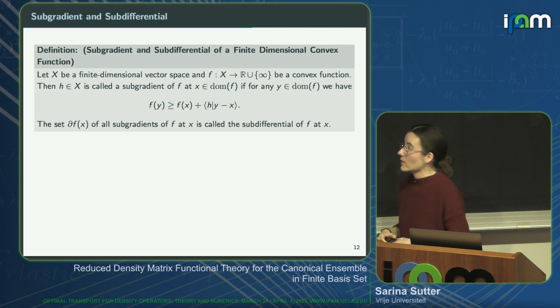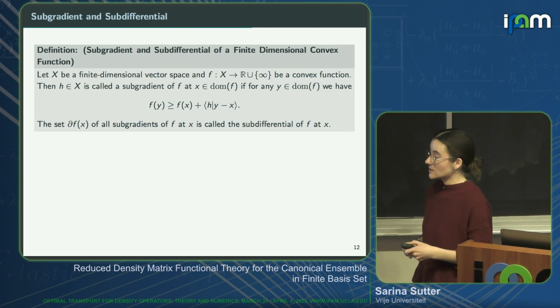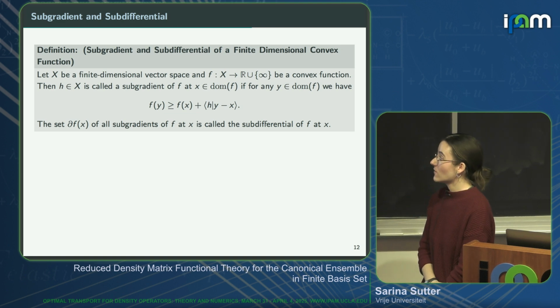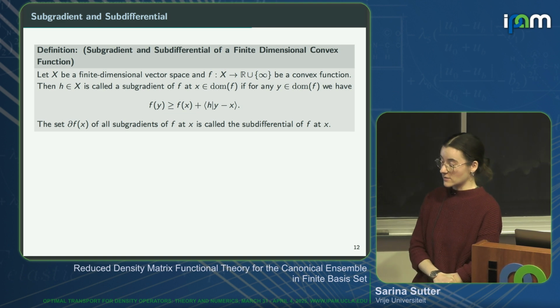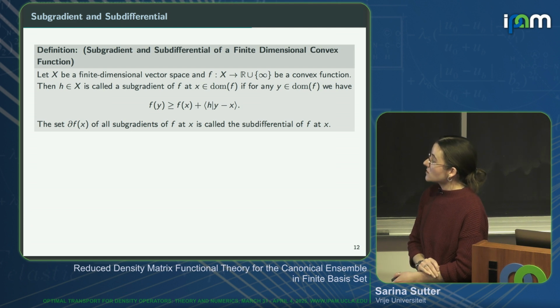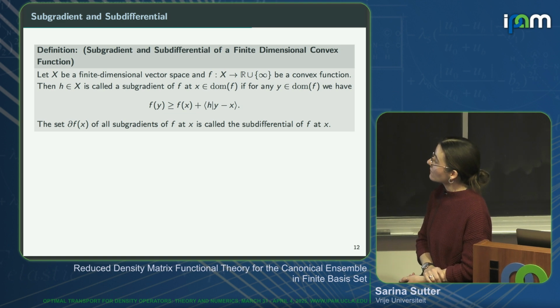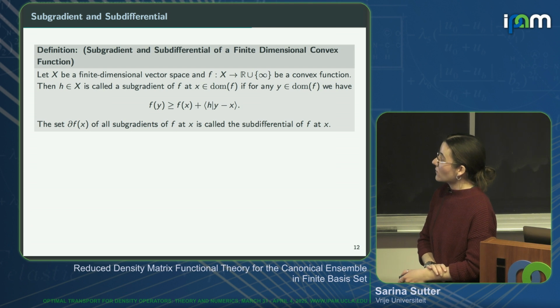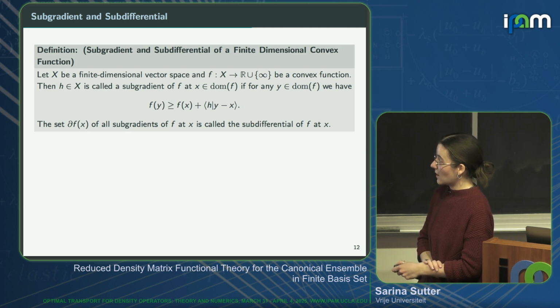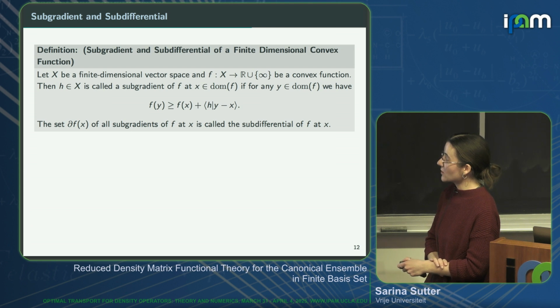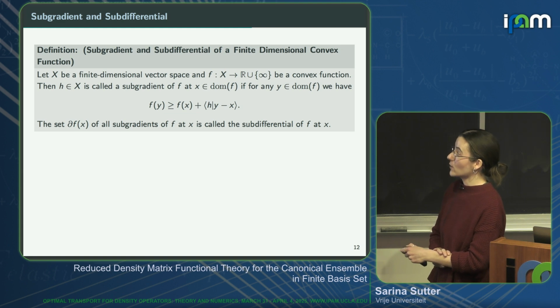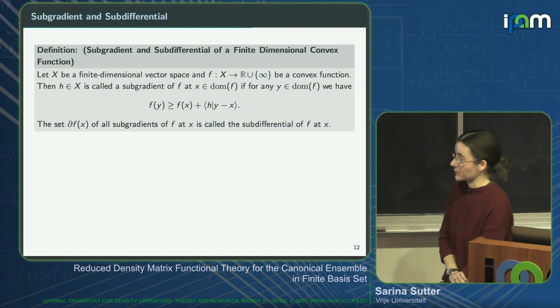One of the nice concepts we have for a convex function is the concept of subgradient and subdifferential. We assume that we have a finite dimensional vector space and a convex function. Then we call an element of our vector space a subgradient of our function at the point x in the domain of our function if the following inequality is satisfied for all other points in the domain of f.